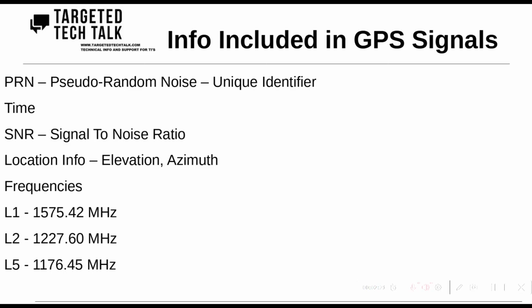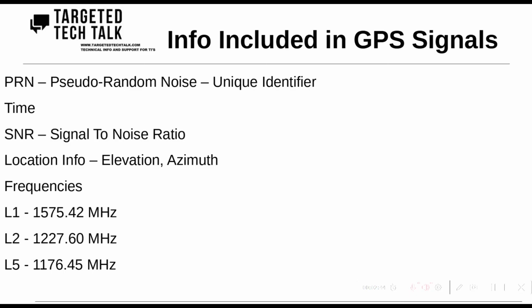For weak satellites, it's going to be single digits. For very strong signals, it's going to be up into the hundreds. On the scale we're using, you might have a signal to noise ratio up to 200, 300.